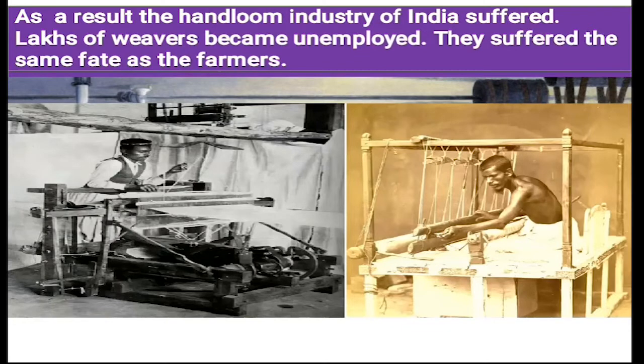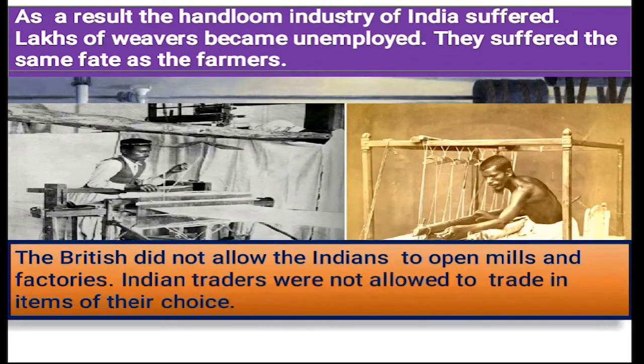As a result, the handloom industry of India suffered and lakhs of weavers became unemployed. They suffered the same fate as the farmers. The British did not allow the Indians to open mills and factories. Indian traders were not allowed to trade in items of their choice.